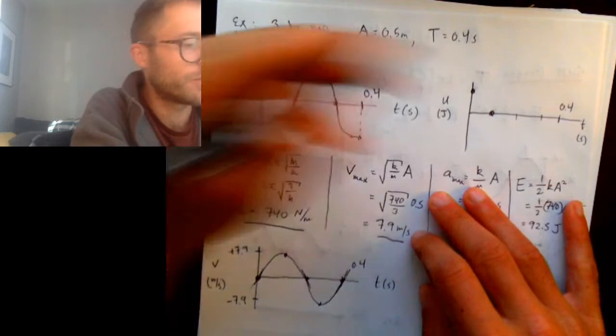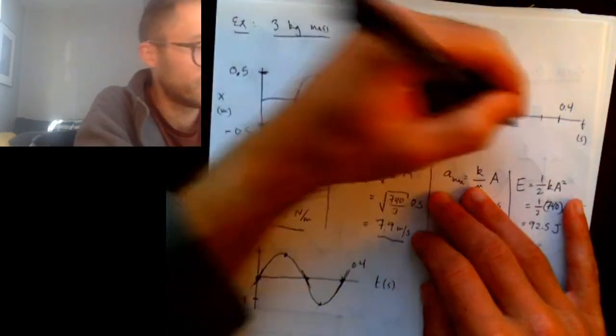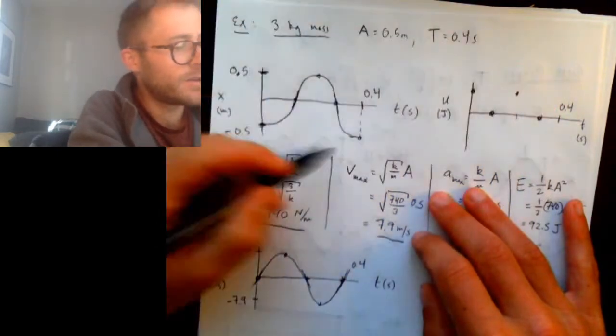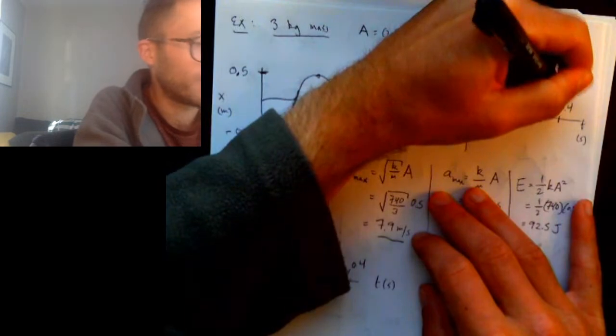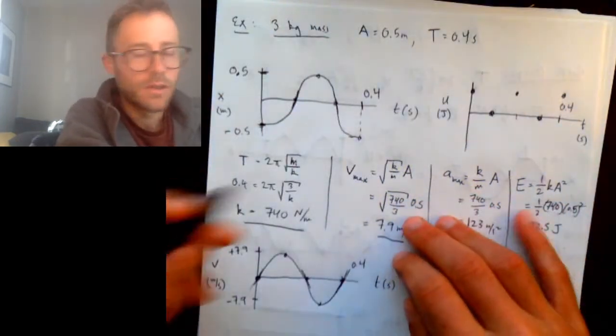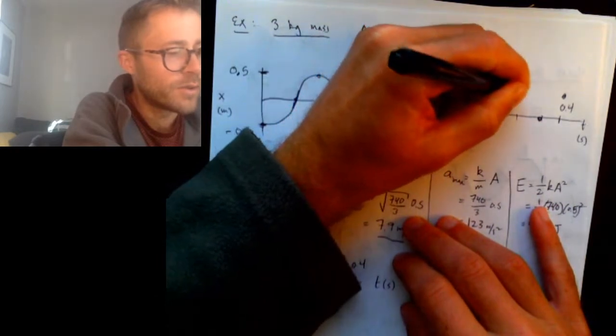Here I have a positive squared, which is a positive. Here I have 0 squared, which is 0. And here I have a negative squared, which is a positive. So I have my 5 points, which I then connect with a nice, smooth curve.